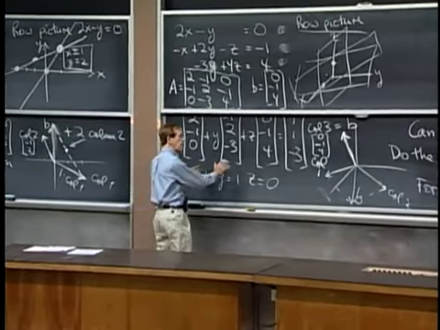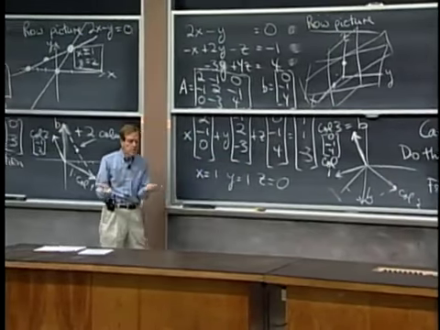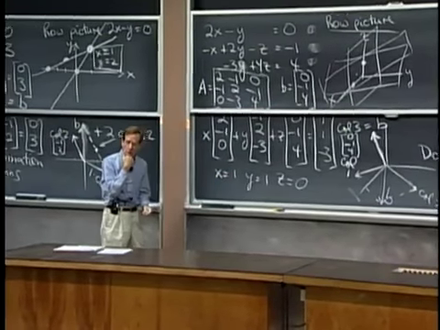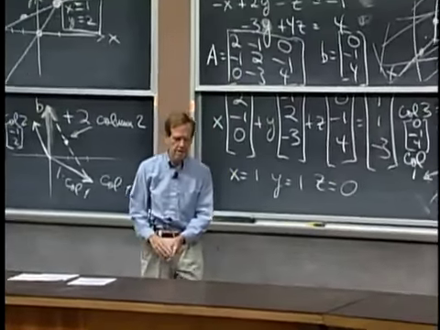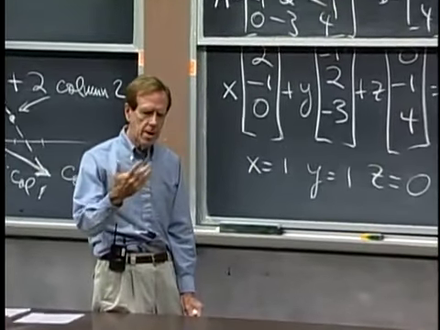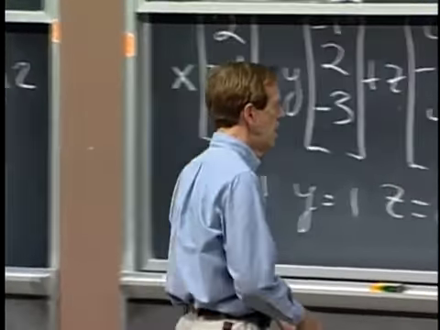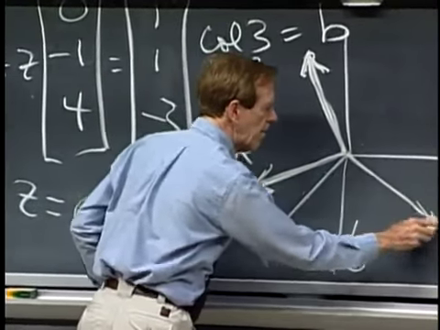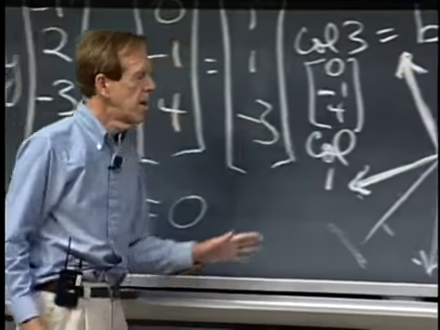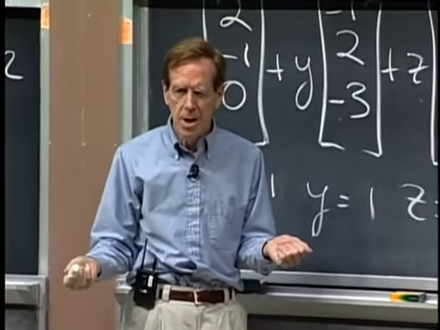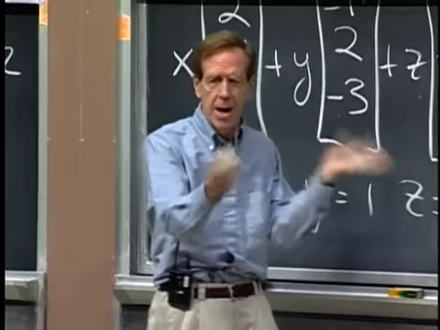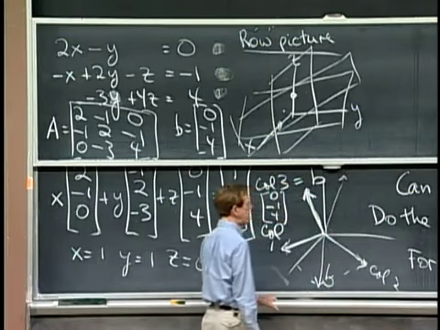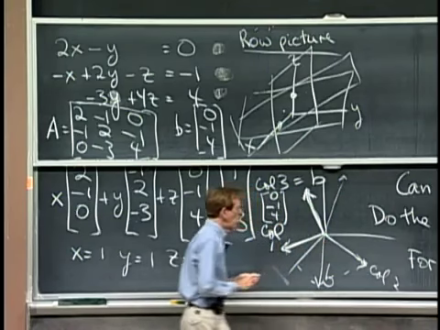There could be other, and we will see other matrices, where the answer becomes no. Oh, actually, you can see when it would become no. What could go wrong? When would I not be able to produce some B out of 3 columns and all their combinations?